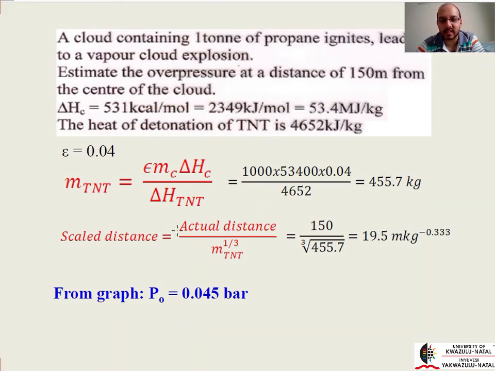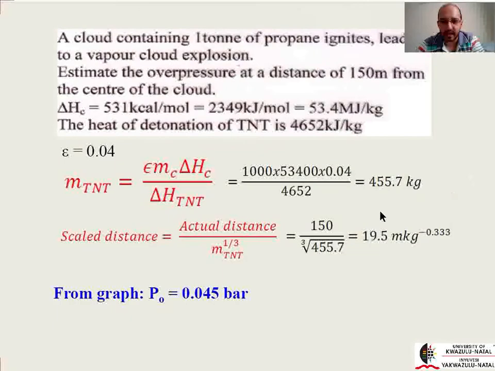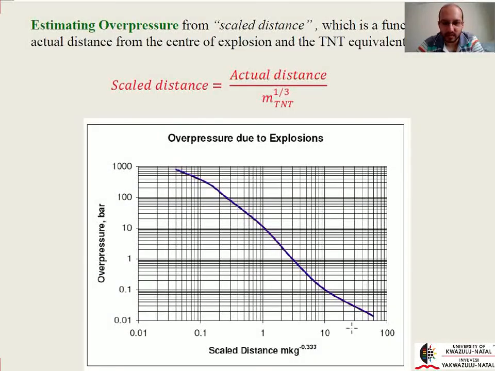We can take this and apply it to a scaled distance. So we get the scaled distance. And thereafter, we go to our correlation for TNT overpressure. And at a distance of 19.5, okay, so that's essentially somewhere here, we can get our overpressure.